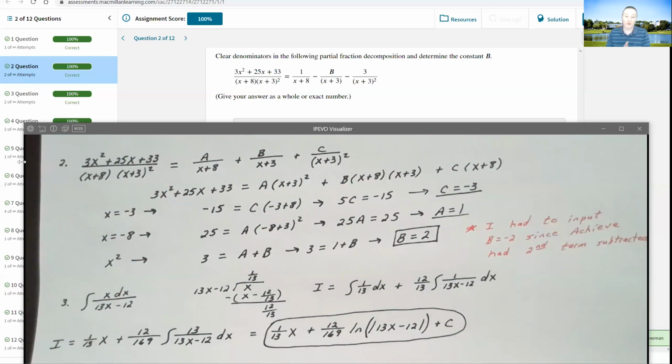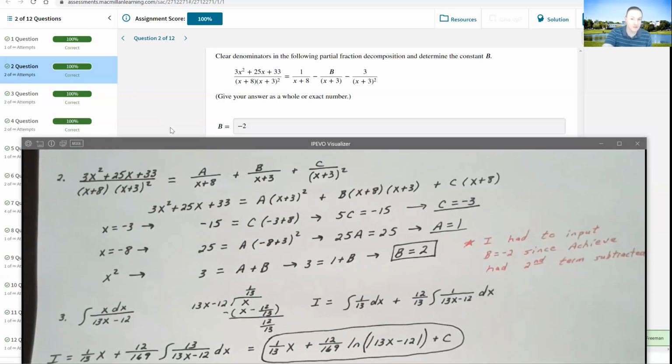And then in order to get the answer accepted on Achieve, you'll notice on mine here, it says it took me 2 attempts. Well, that's just because the answer for B is really 2, but they're specifically saying let's subtract that second fraction with the B in the numerator.